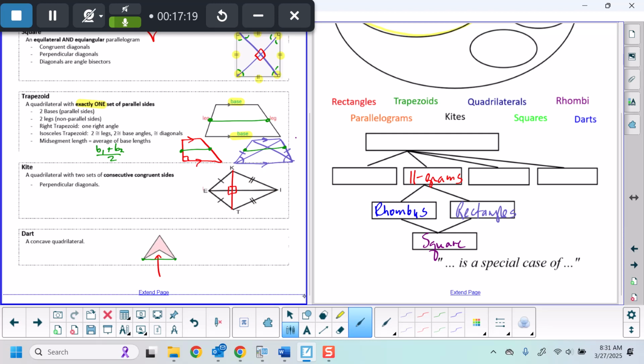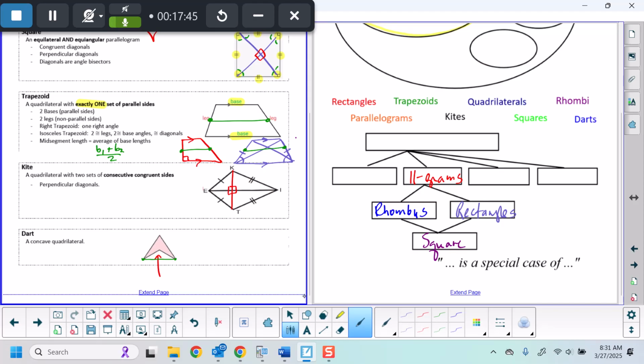Because trapezoids have three different subsets, whether I have a regular trapezoid, where it's just exactly one set of parallel sides, whether I have a right trapezoid, where I have a right angle involved, or whether I have an isosceles trapezoid, where I have two congruent sides and congruent base angles.